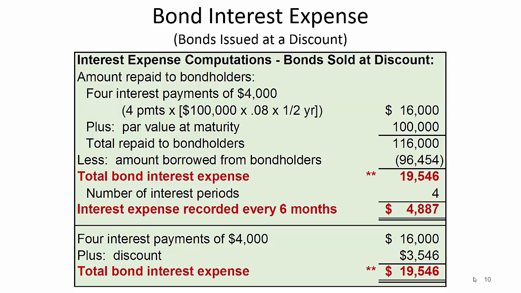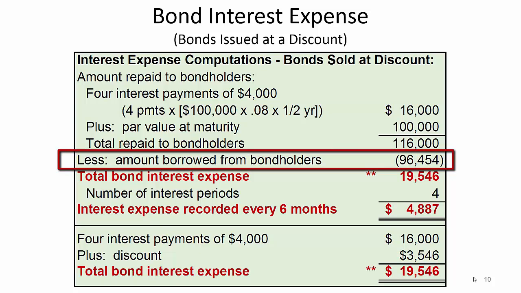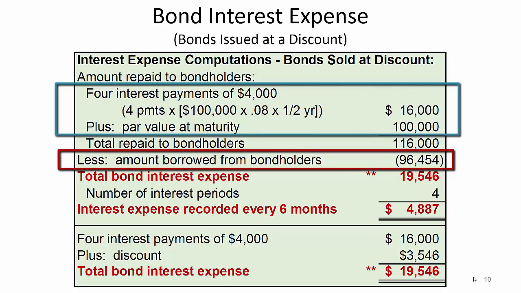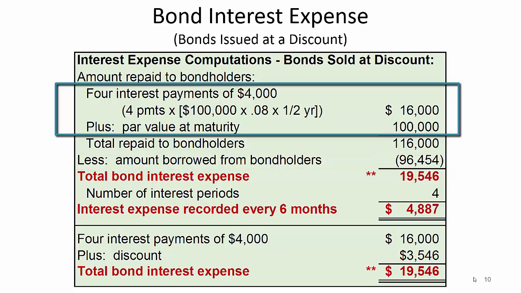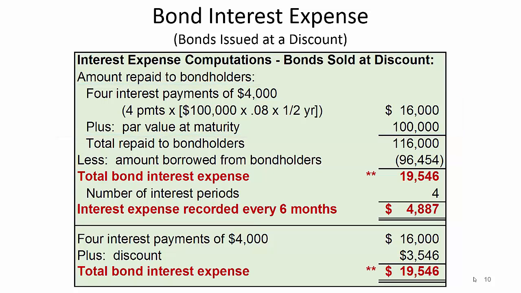For a moment, then, let's consider how much total interest expense Fila will incur as a cost of its borrowing. Fila receives $96,454 for its bonds. In return, it must pay bondholders $100,000 after 2 years, plus semi-annual interest payments of $4,000 each, for a total of $116,000.